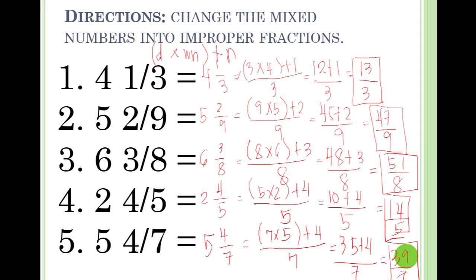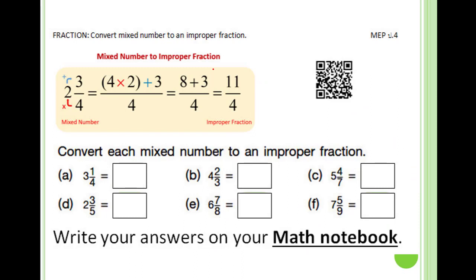Again, denominator multiplied by the whole number plus the numerator. Okay, for this time I have to give you a homework, which is you have to convert the mixed number to an improper fraction. I'm giving you 6 items for you to answer. You have to write your answers on your math notebook.